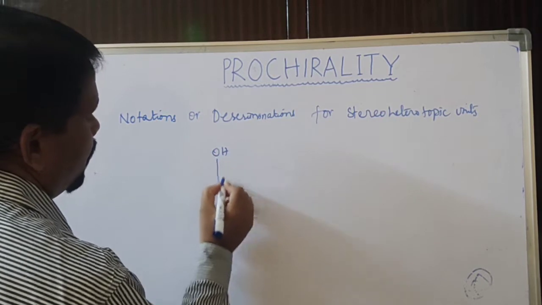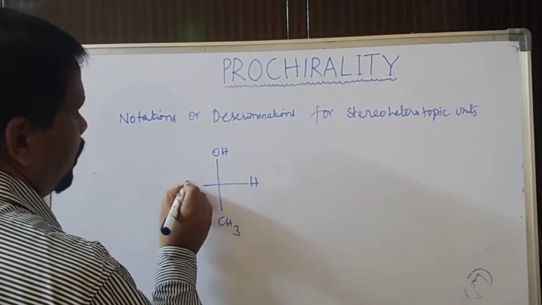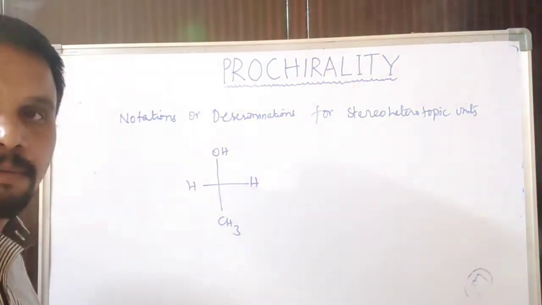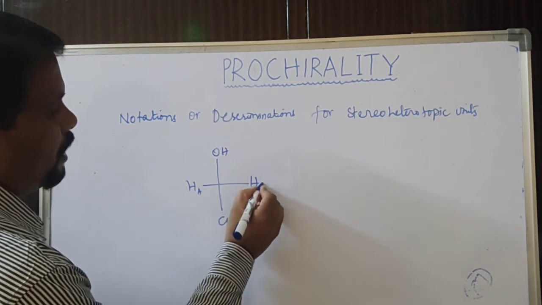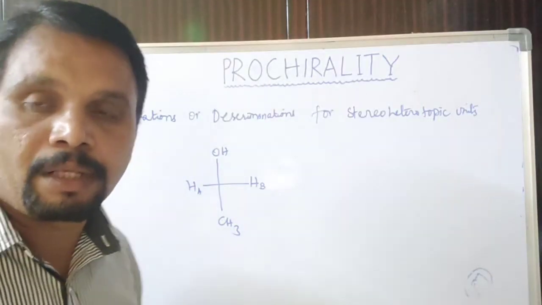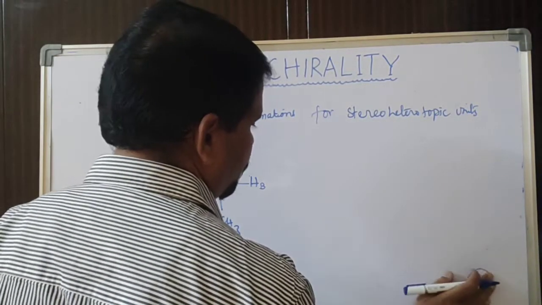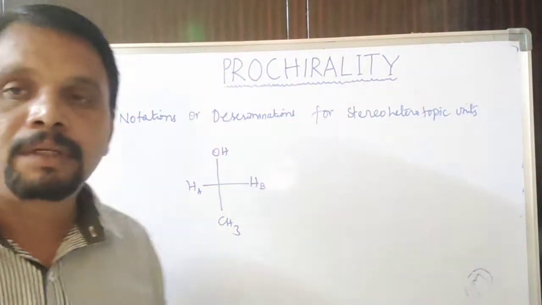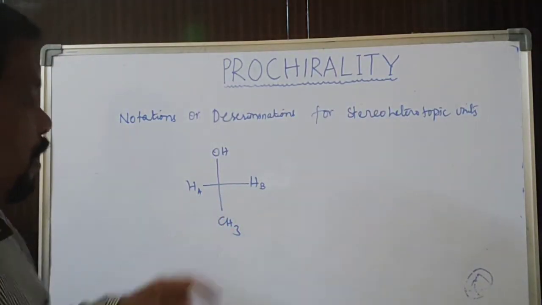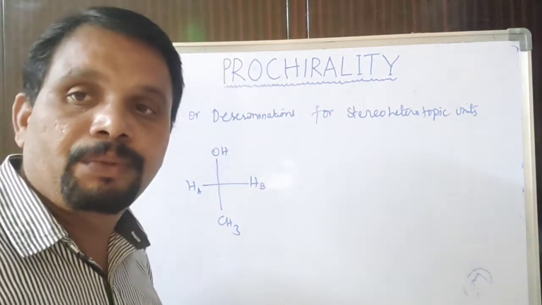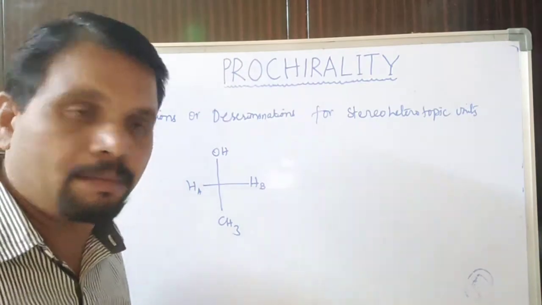OH, CH3, H and H. Just for our convenience, I'll put labels HA and HB. Both are the same actually. In this, first we need to give priorities to the atoms or groups attached to the central carbon.